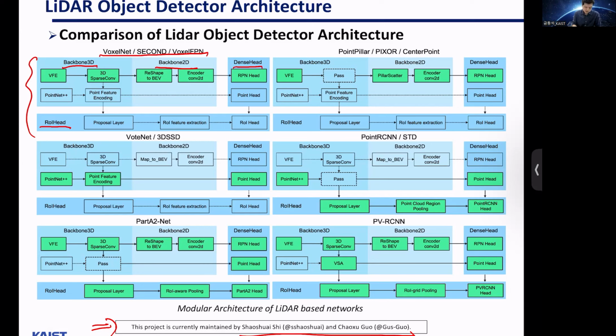So what this indicates is that there are 4 modules, but depending on the network, some networks have 3D and 2D backbone and dense head, but VoxelNet SECOND does not have this ROI head, which is sort of a proposal network. So this indicates that this one is a single stage network.